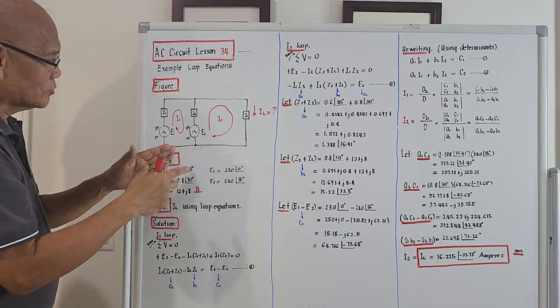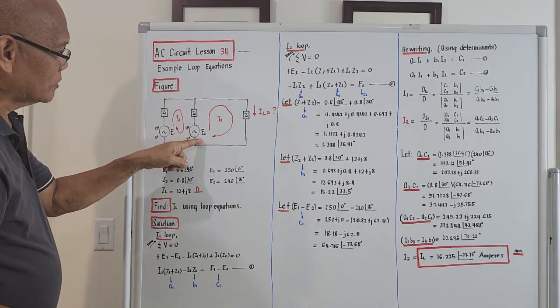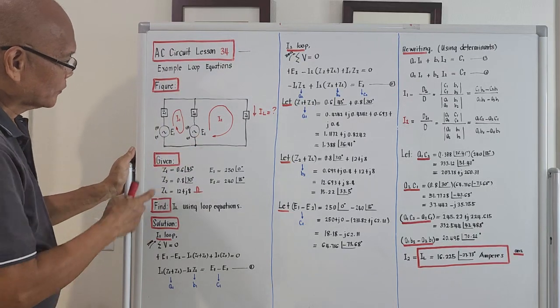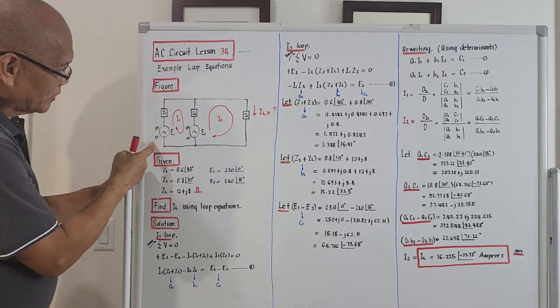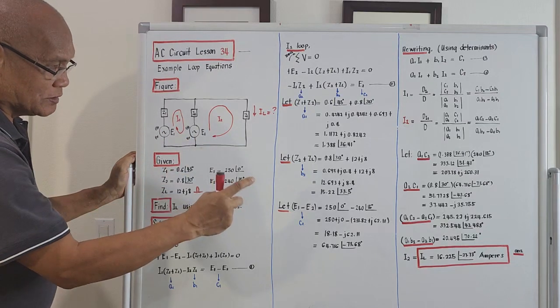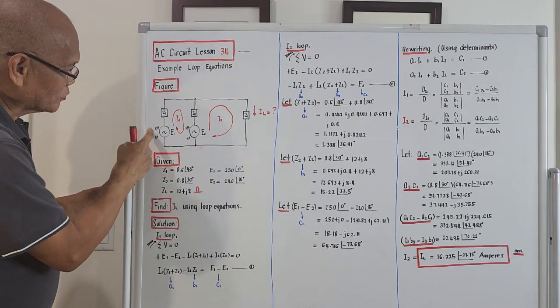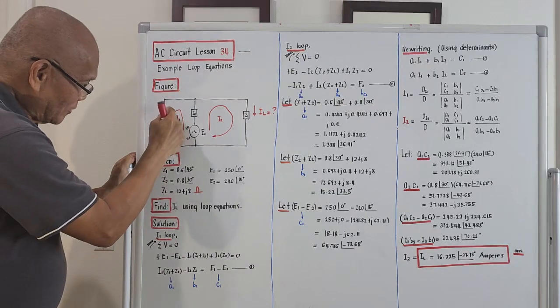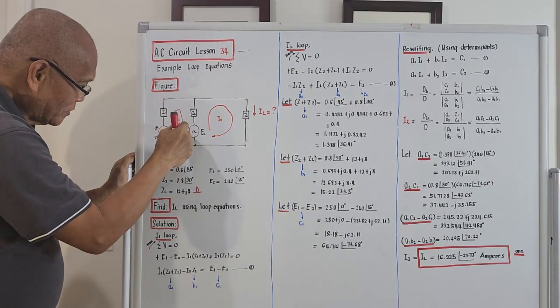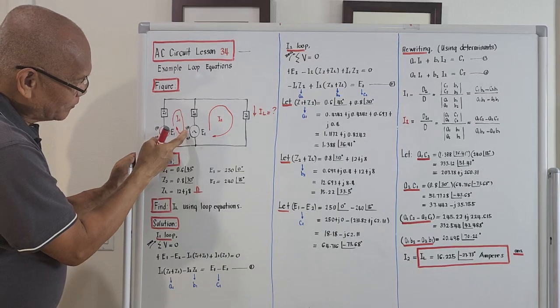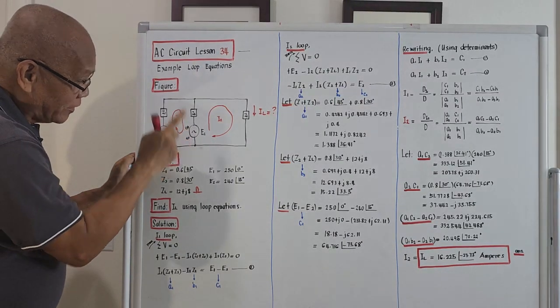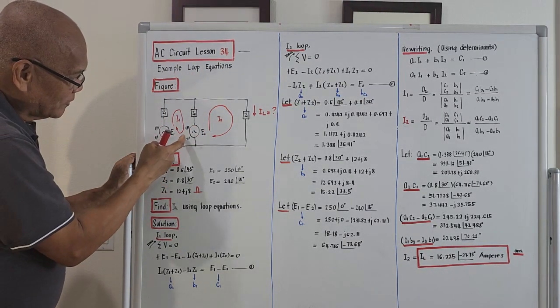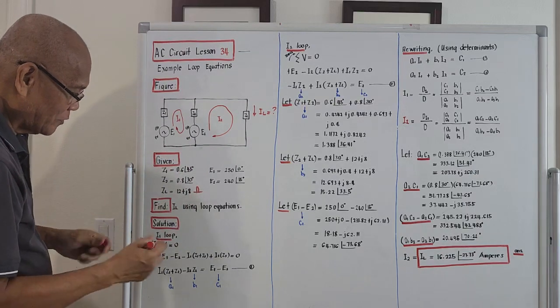Let's try to get the effect of E2. The polarity is different from this, because the positive voltage source should be from minus to plus. But considering I1, if the rotation of I1 is like this, the polarity will be from plus to minus initially, so this will now be a negative E2.